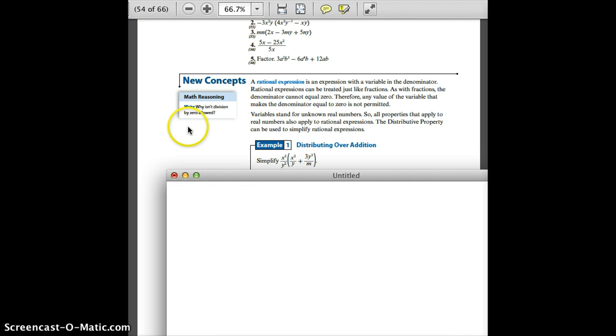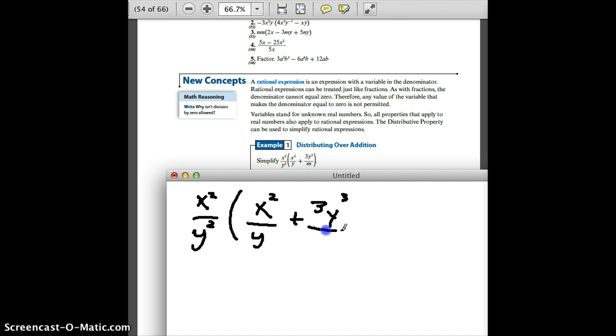So outside the parentheses, we have x squared over y squared, and then in parentheses we have x squared y plus 3y cubed times m. Okay, so you're going to distribute this x squared over y squared to both of those insides.